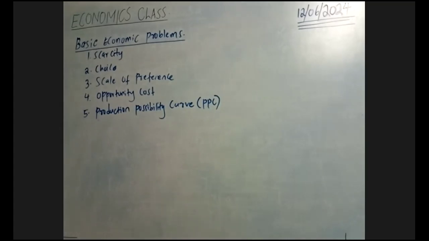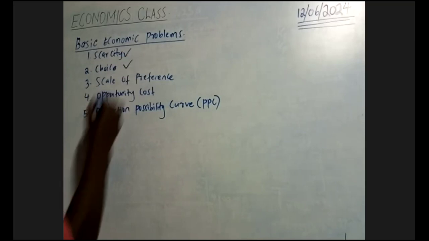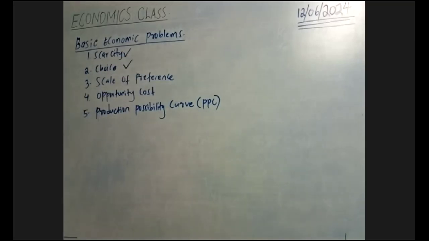So we did scarcity in the previous class. We did choice. So we remained with scale of preference, opportunity cost and PPC.